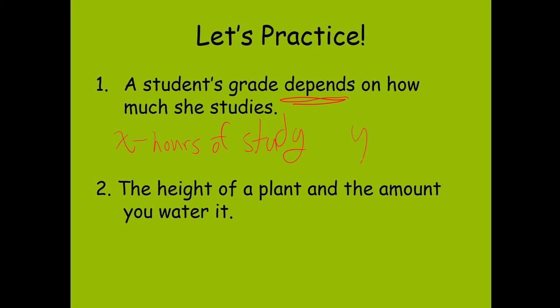And y, which is the dependent, is the grade. The height of a plant and the amount you water it. X would be the amount of water, and y, our dependent, would be the height.